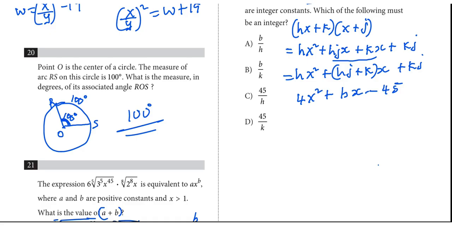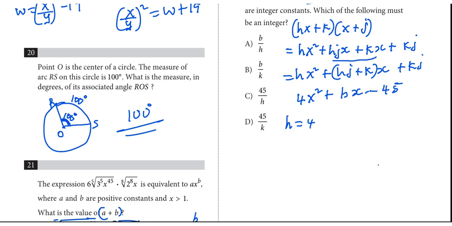So hx squared corresponds to 4x squared, so that means h is equal to 4.